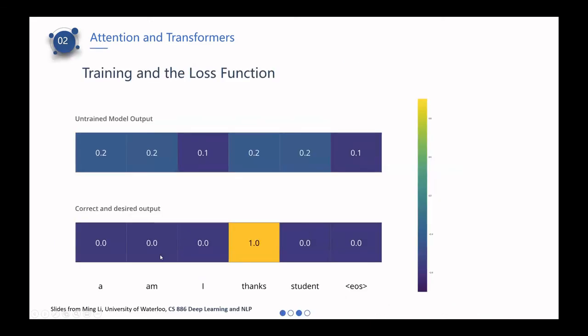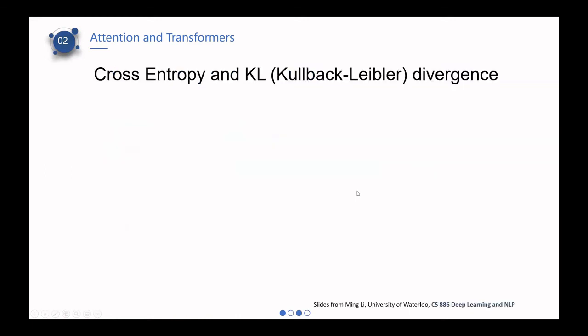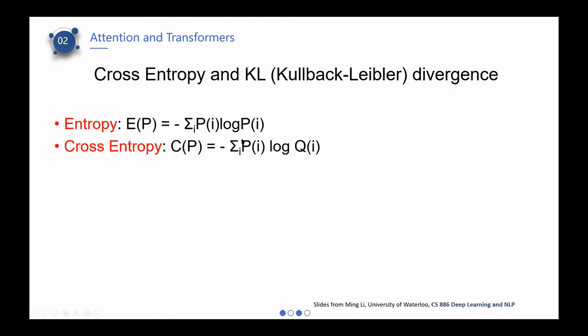As you know, the output may be something like this, but then we want the probability, so we have to normalize this with softmax. And then the standard losses. You have heard about entropy, which is P log P, and the cross entropy is for two different distributions.